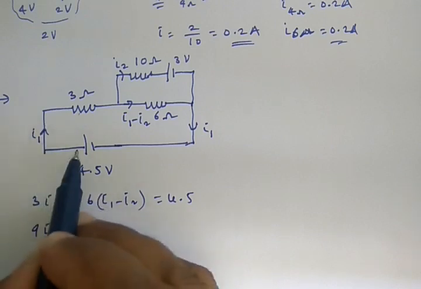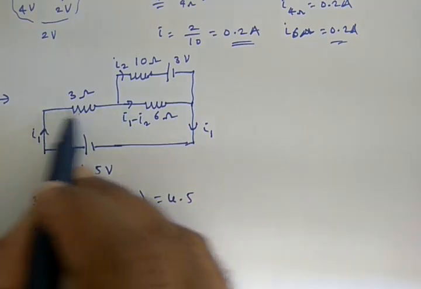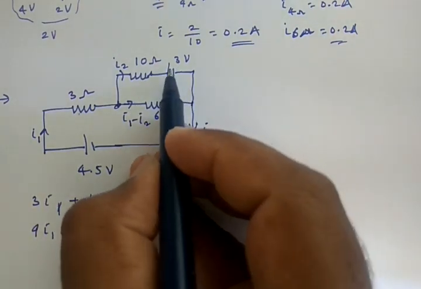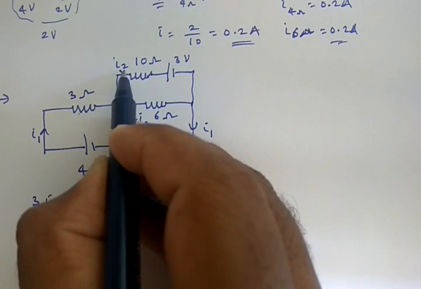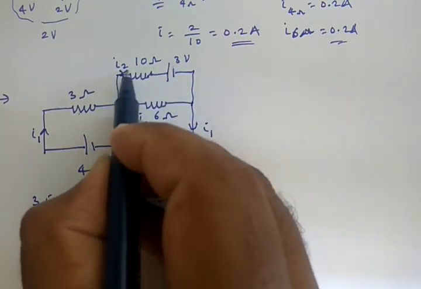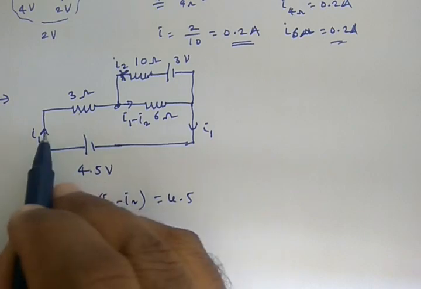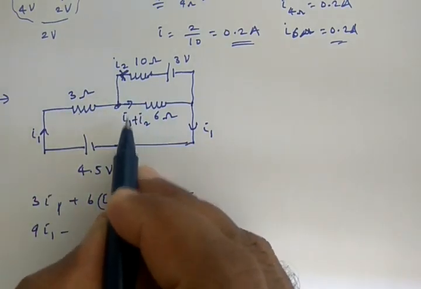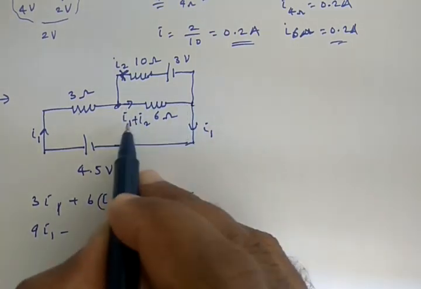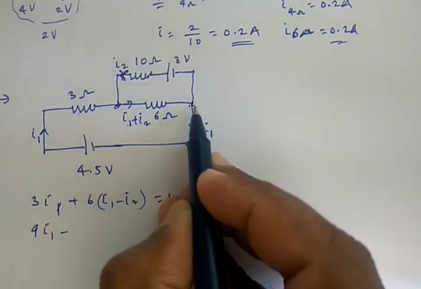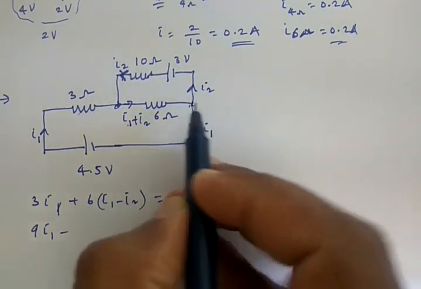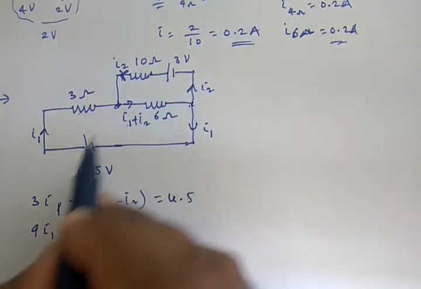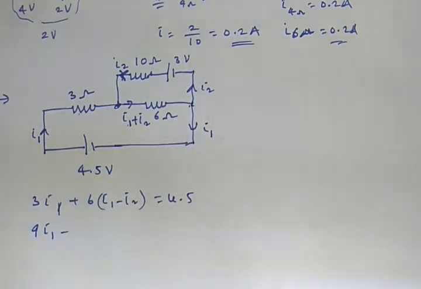If I1 is the current supplied by this battery, then that I1 meets a junction here, and you can also take I2 as the current supplied by this battery. Then here you will see current I1 is coming from here and I2 is coming from here, so I1 plus I2 will go through this line. Once it comes here and I1 plus I2 meets a junction, then I1 will come here, and I2 will go there once again. Because I2 is supplied by this positive terminal, the same current must go to here, and I1 is supplied by this, the same current must go to here.